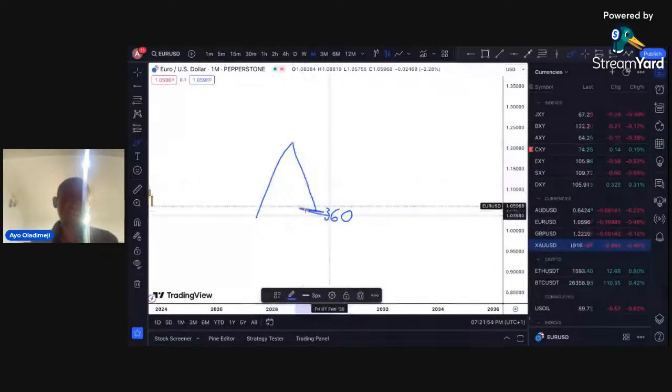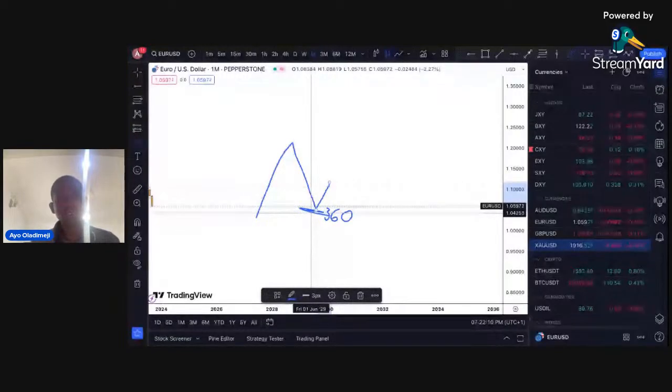We may see traders really wanting price to shoot up from 360 back, for whatever technical, fundamental, or sentimental basis. But this 360 can form a psychological level for traders.